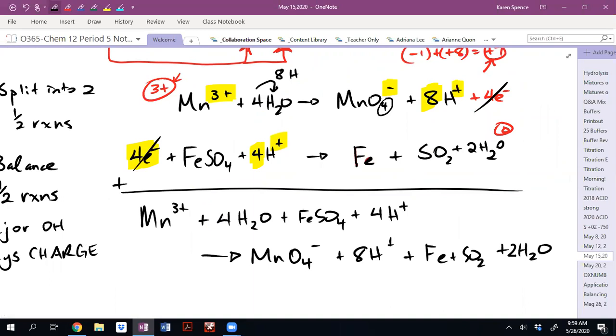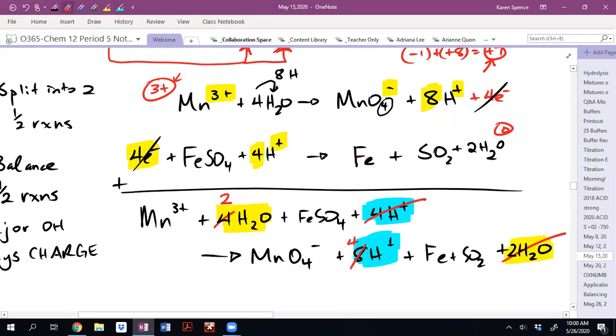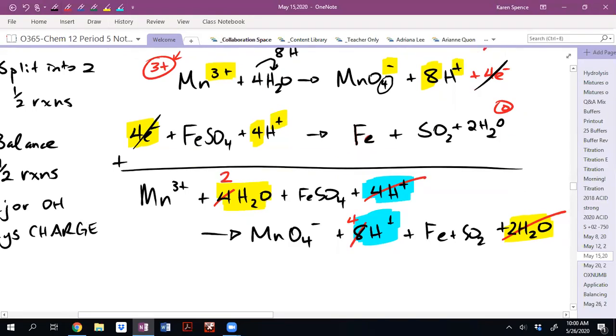So from the left-hand side, we have 4 water here, and we have 2 water here. So we're going to cancel out 2 of the waters. It's going to leave us with 2 waters there. We have 4 hydrogen here and 8 hydrogen on the products. And so we're going to cancel out 4 of the hydrogen. That'll leave us with 4 hydrogen there.